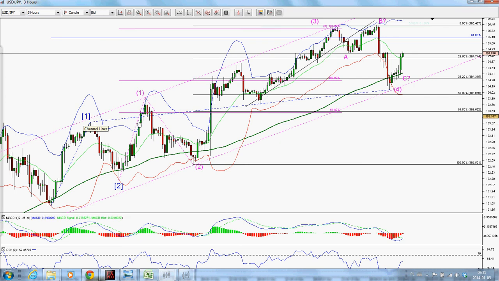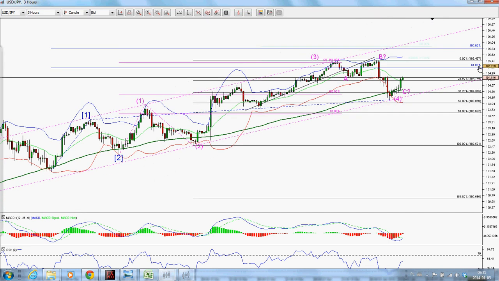So you have here this Fibo expansion for this 1 and 2 blue, and I've got here some levels, 61.8 and 100.